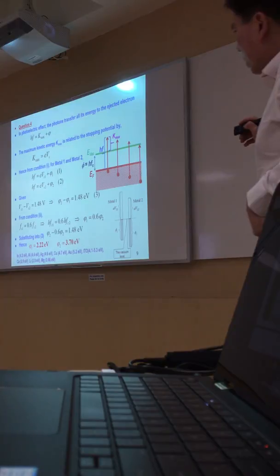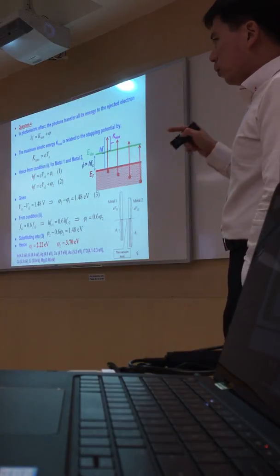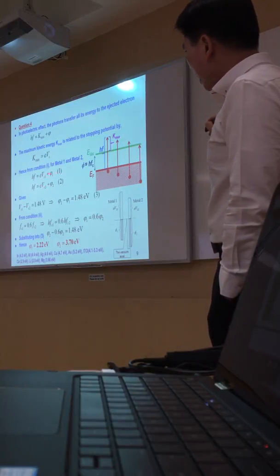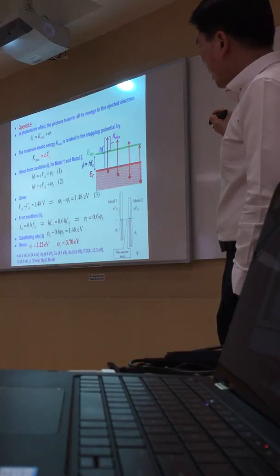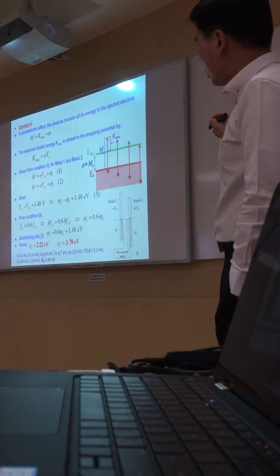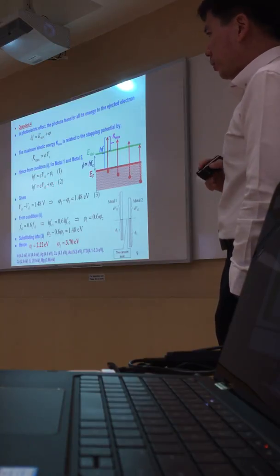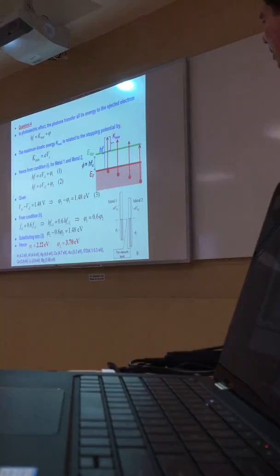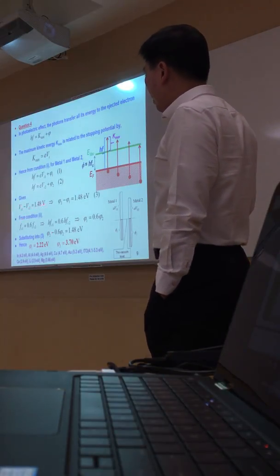So let's look at this particular problem. We shine light of the same frequency onto two different metals, and I apply this equation. Okay. So Kmax is eVs. So for metal 1, it has a work function of phi 1, stopping potential of Vs1. Metal 2, work function of phi 2, stopping potential of Vs2. And you are given that the stopping potential of metal 1 is higher than metal 2 by 1.48.